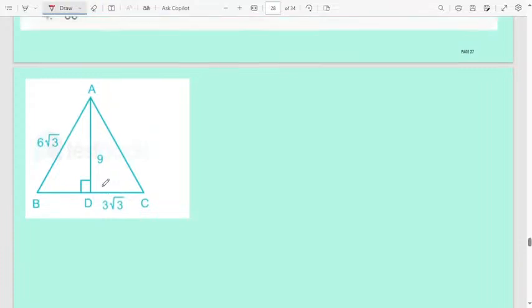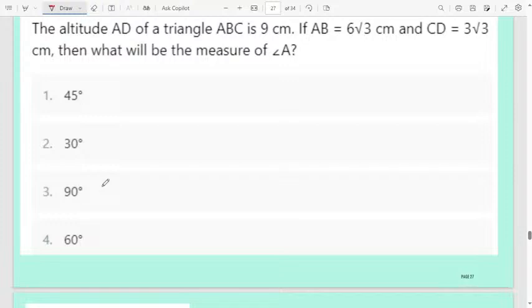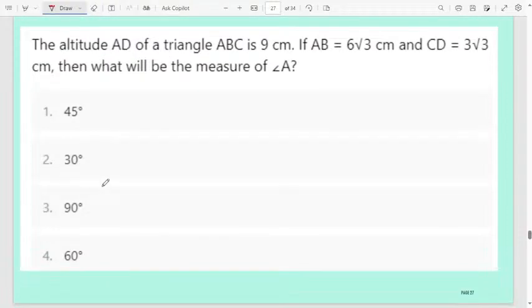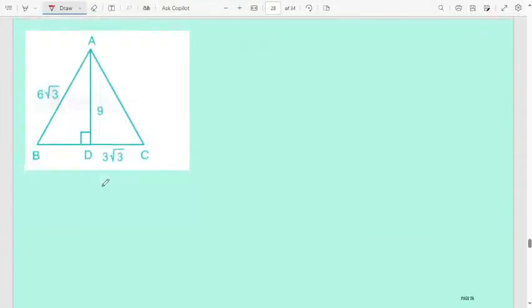If this is an equilateral triangle, then definitely the angle will be 60 degree. Correct? Let us consider here. Yes, apply the Pythagoras theorem here. AB is 6 root 3.